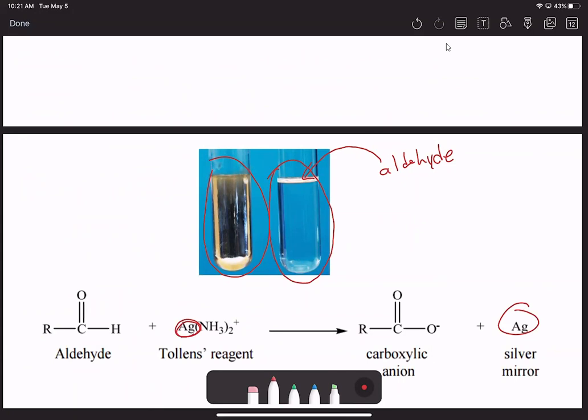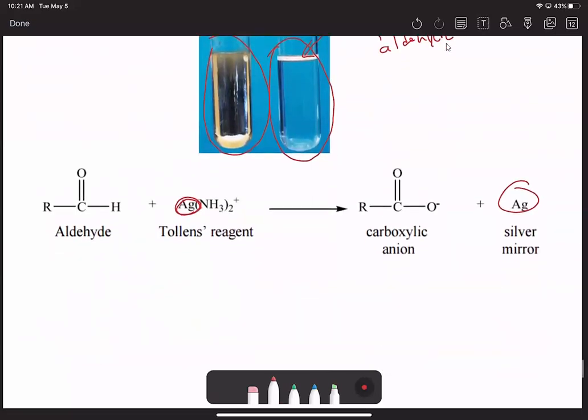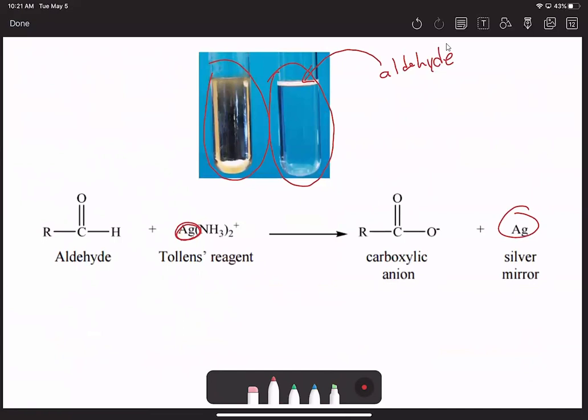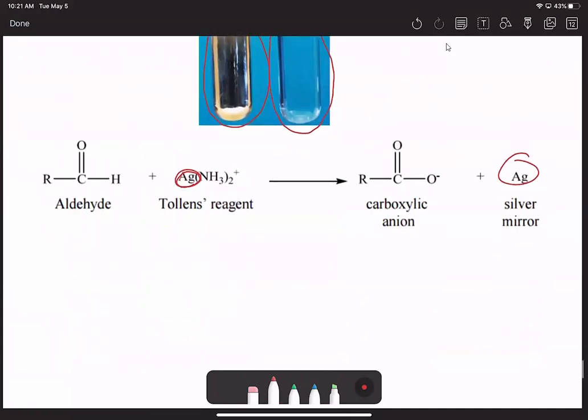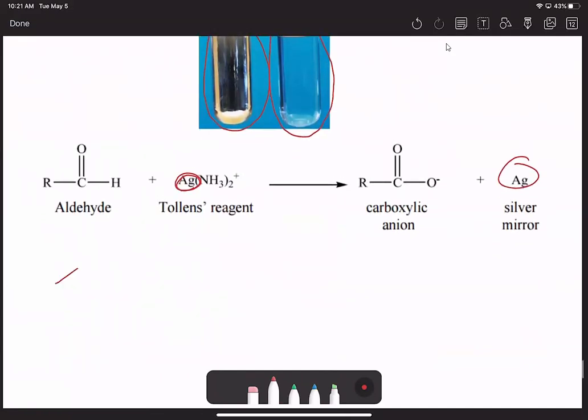This doesn't work with ketones. We don't put ketones into Tollens reagent and have it oxidize. This only works when we're testing aldehydes. So if we have a particular aldehyde and we add in some Tollens reagent, our result is what we're going to consider a carboxylic anion.